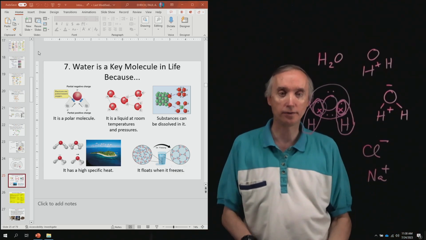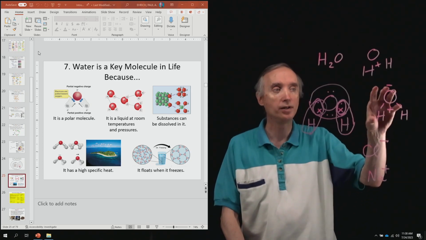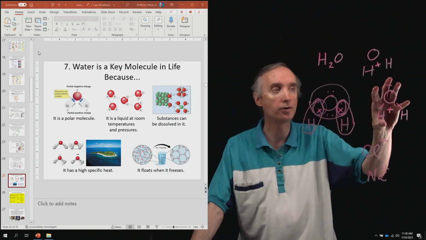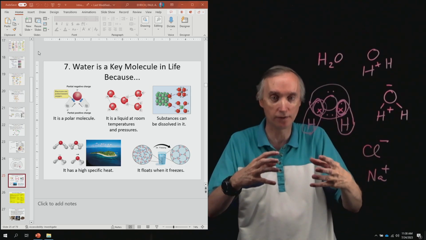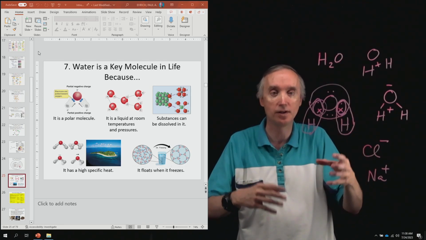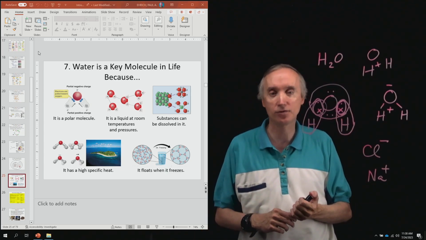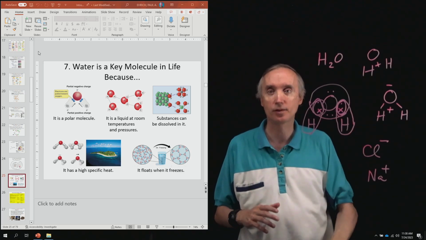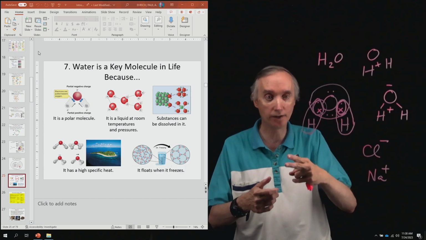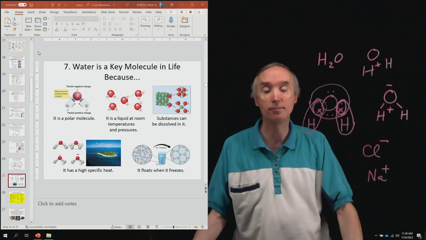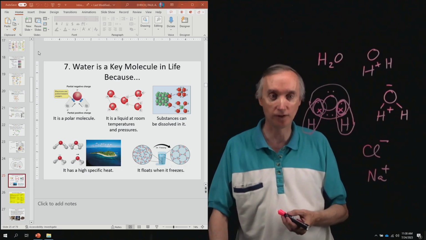And then one more thing is that water floats when it freezes. So what can happen is that these water molecules, when they start getting closer and closer and closer together, as they're about to freeze, they form hexagons. So when in elementary school you made snowflakes and you had to fold the paper and then you cut it and you opened it up again and then that made a snowflake, did you ever notice that they were six-sided snowflakes?